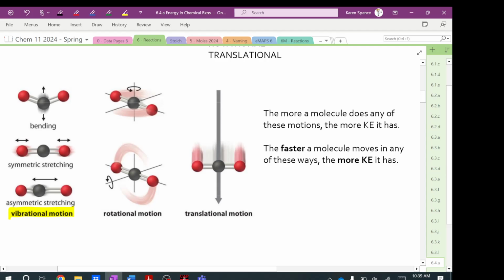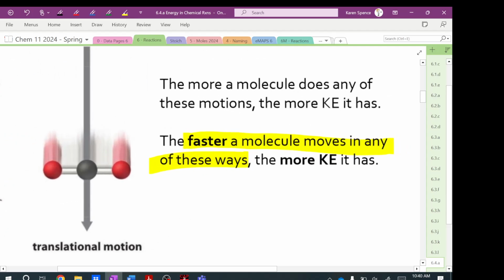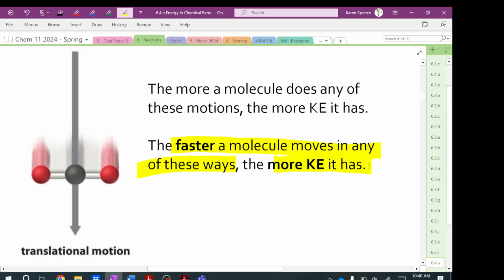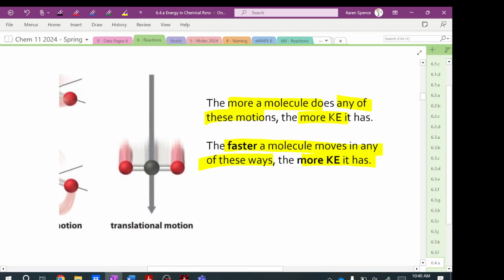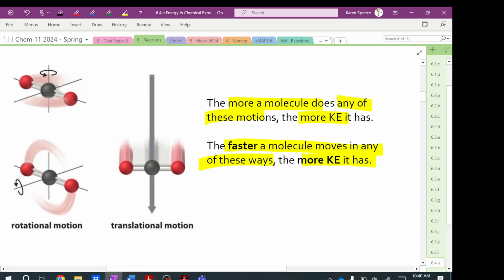Now, the faster a molecule moves in any of these ways, the more kinetic energy it has. The more a molecule does of any of these motions, the more kinetic energy it has. Do you know how you can make molecules move faster? Heat it up.